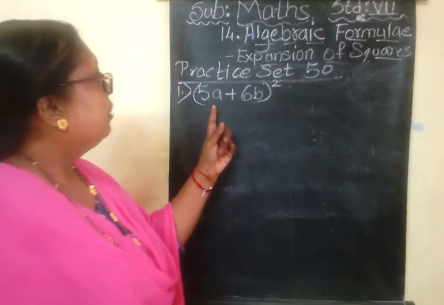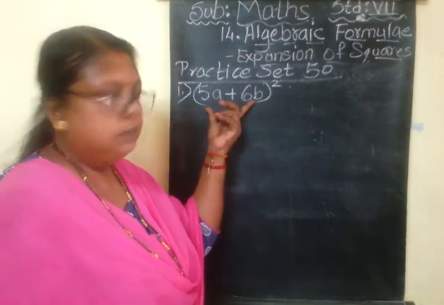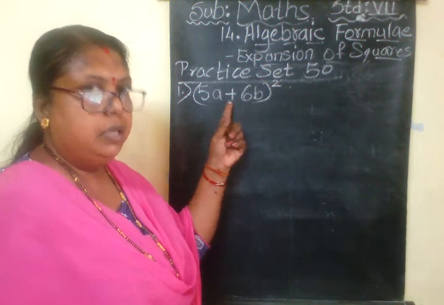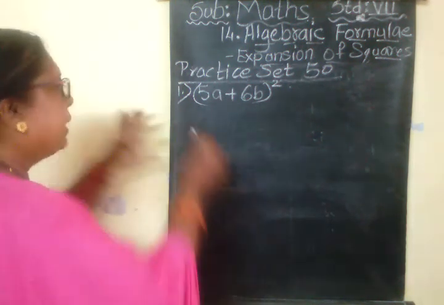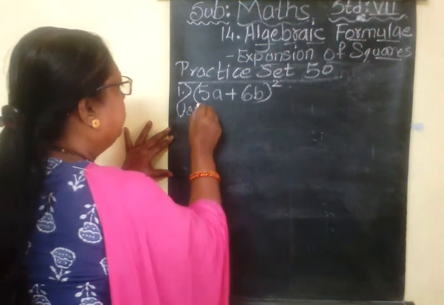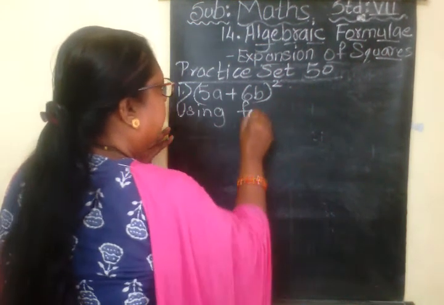Now this is a binomial, there is a plus sign in between, so the first expansion formula is useful here, right? So you will write using formula.